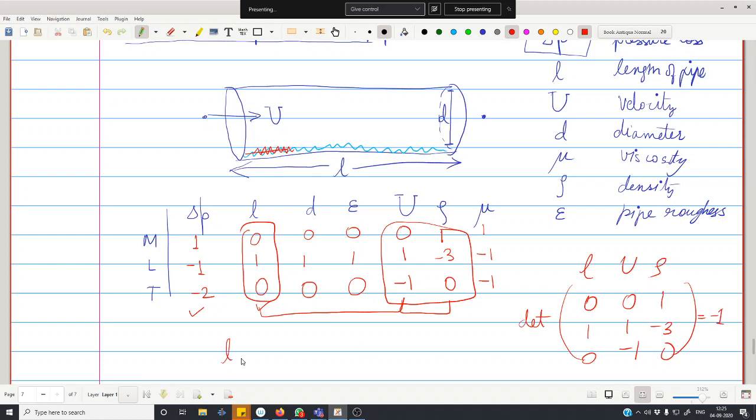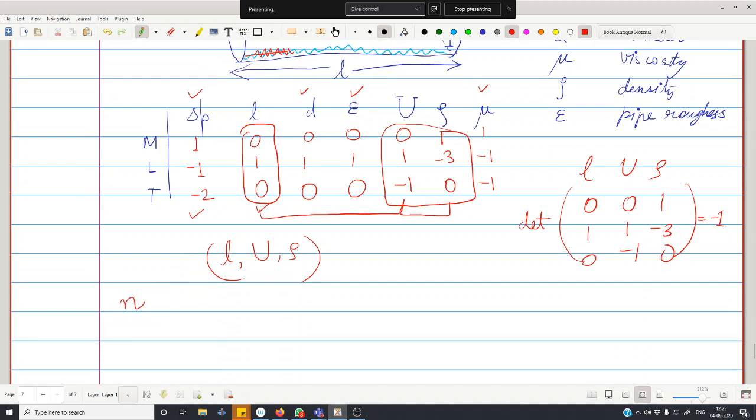Meaning I can choose L, U and rho as my basis vectors to represent delta P, D, epsilon and mu. The total number of terms is 7, while the rank is equal to 3. So dimensionless terms will be 7 minus 3 equals 4.